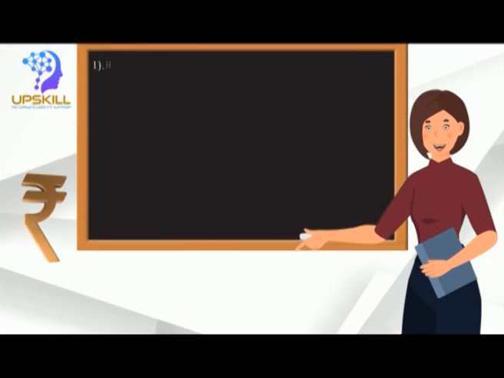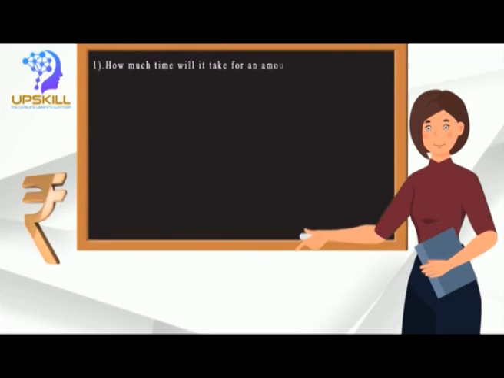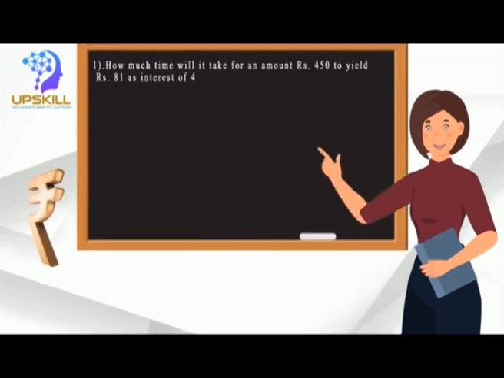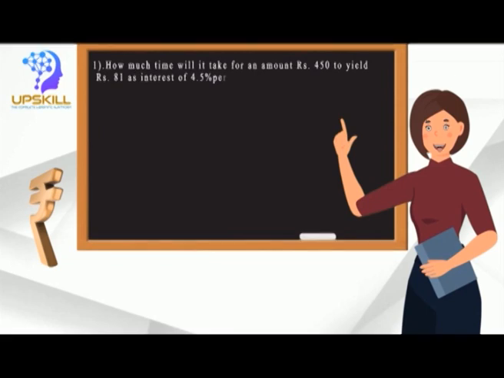Now let's do a couple of questions to understand this. First question: how much time will it take for an amount of rupees 450 to yield rupees 81 as interest at 4.5% per annum of simple interest? So we know that simple interest is equal to PNR by 100.